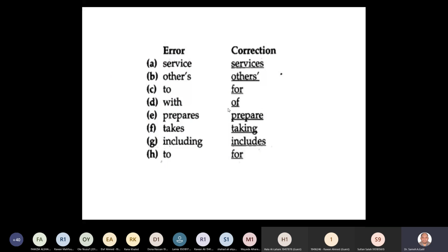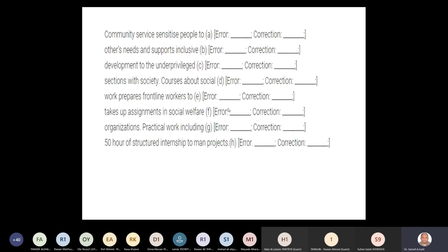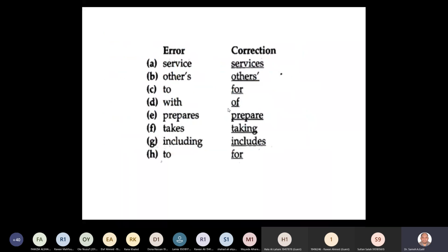And then you have prepare because it's courses, and you also have take. What's that? Work. So courses about social work prepares front line workers. Take up assignments in social welfare organizations. What's this taking?